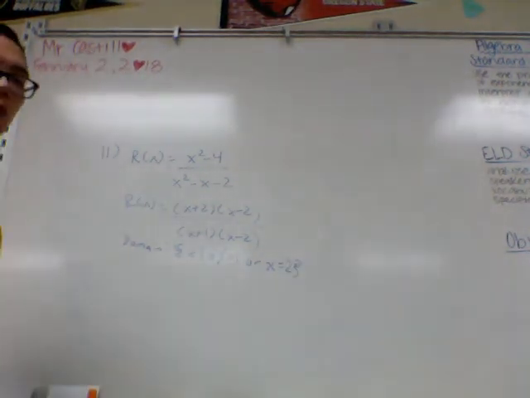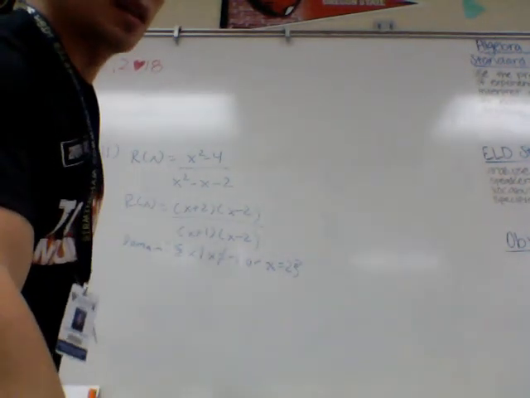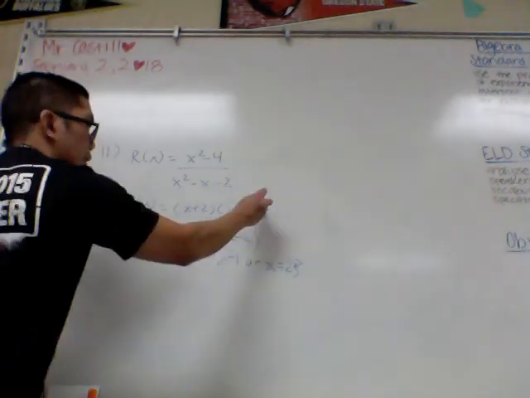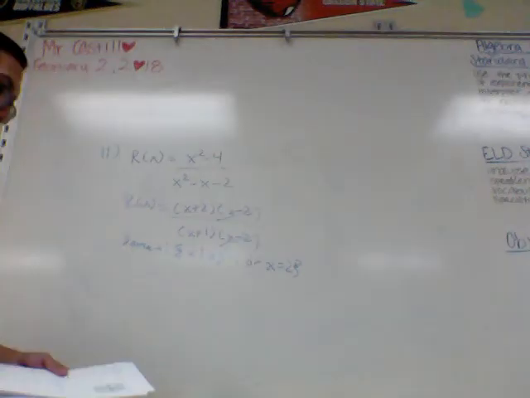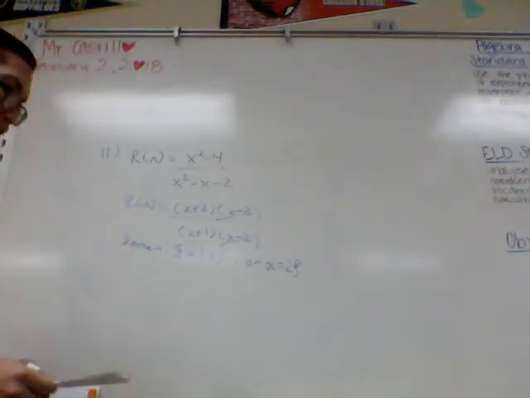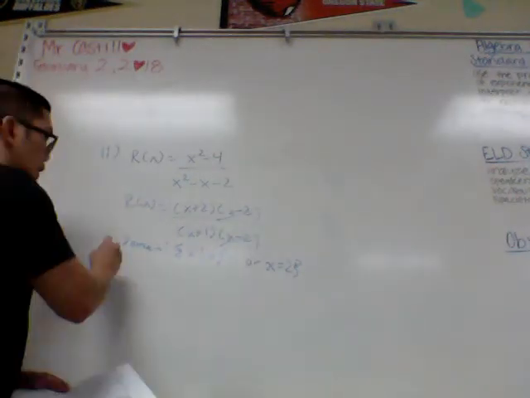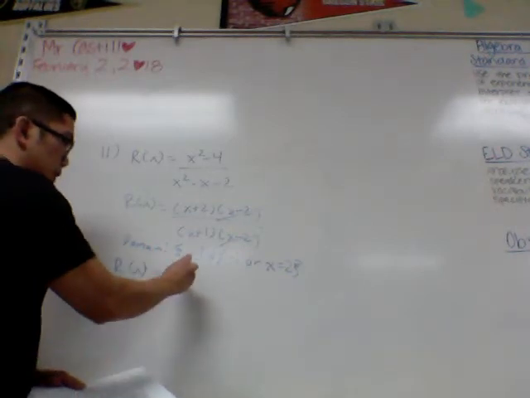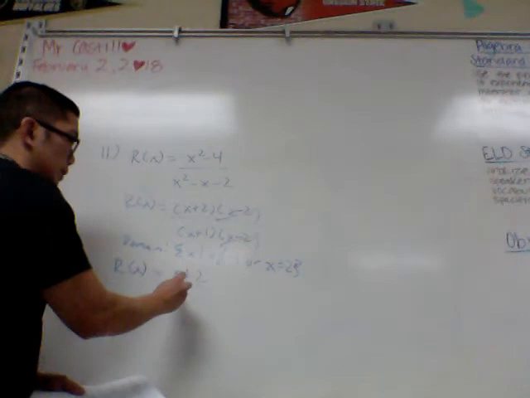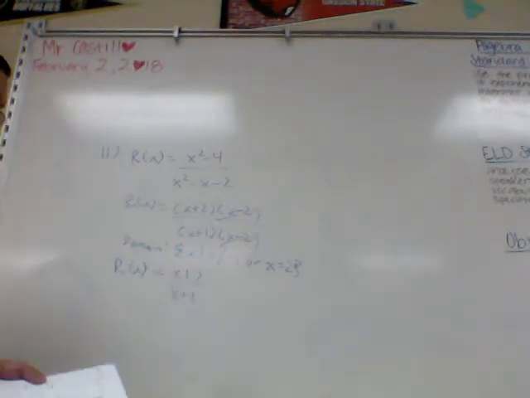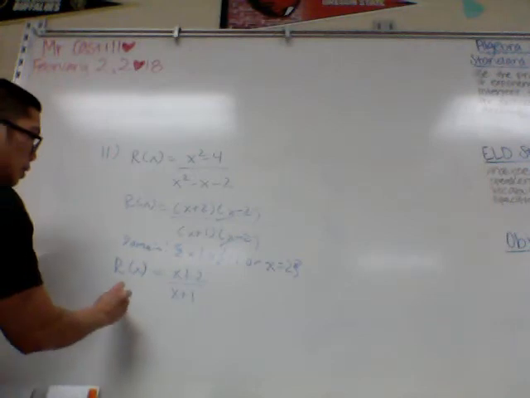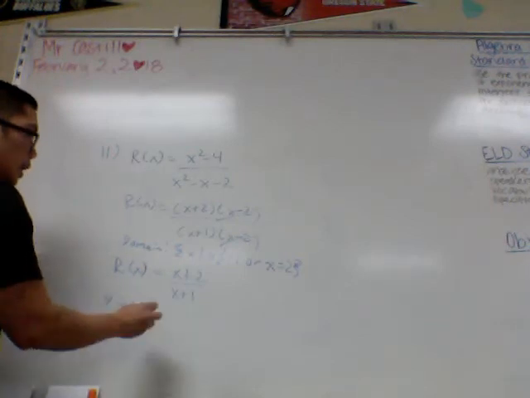So what happens is the x minus 2 factors will simplify. And so I have r of x equal to x plus 2 over x plus 1. Now your y-intercept is when x is equal to 0.